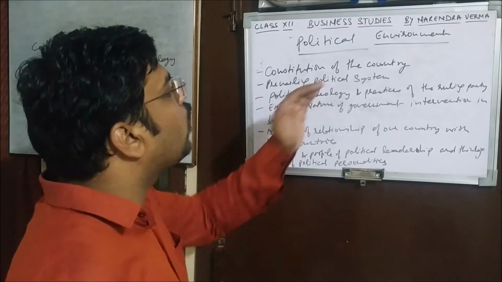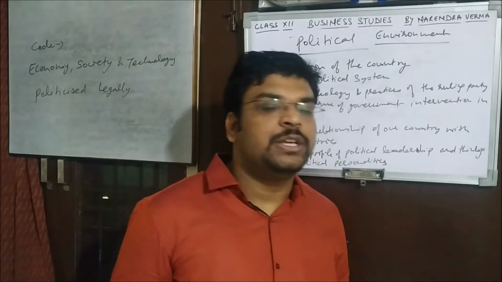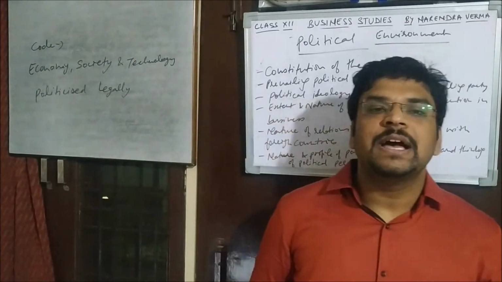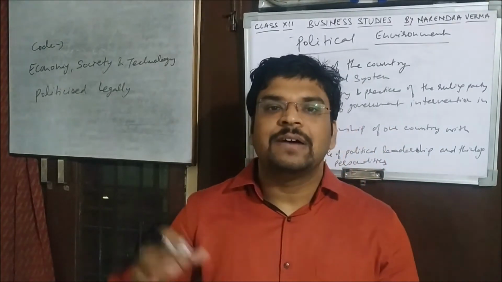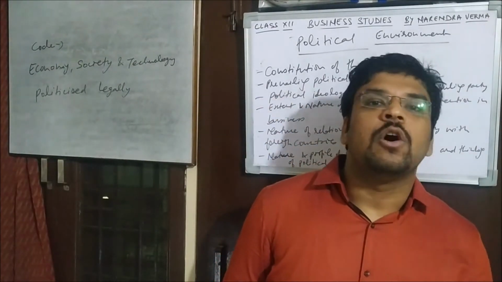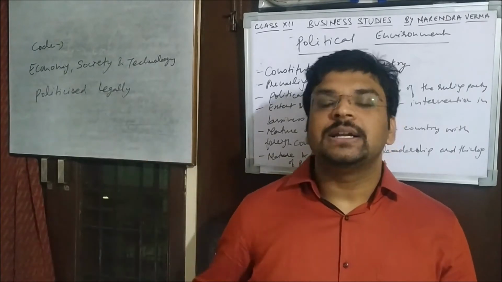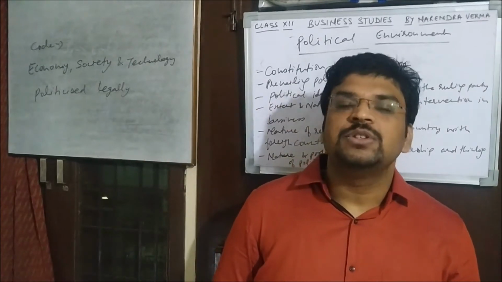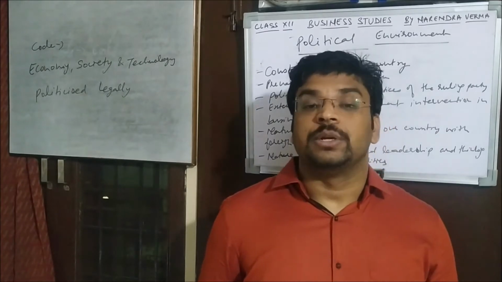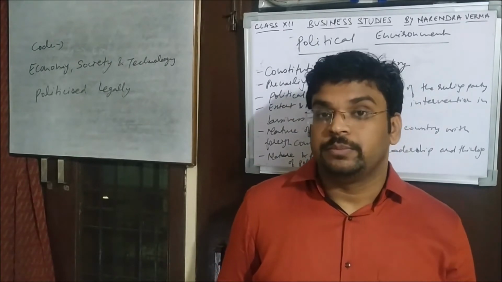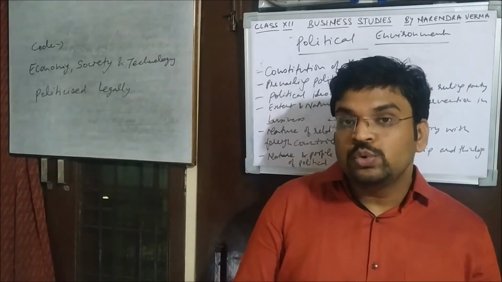Now, the prevailing political system. I will explain it with an example: like in India, we have a federal government system, we have the central government, we have state governments, we have local authorities as well. But in other countries that system is not there, they have a centralized system. So this matters a lot because rules and regulations differ from state to state.